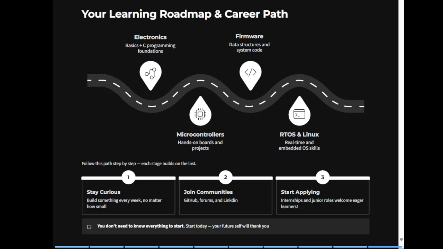Don't skip the steps. Then you can become an embedded engineer, firmware engineer, IoT engineer, or embedded software engineer. It's in high demand with good career growth.